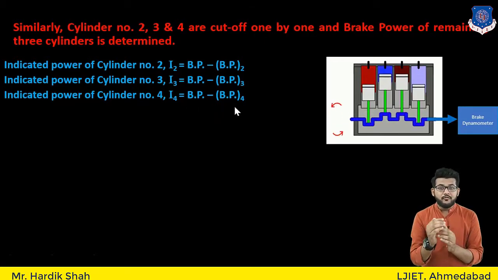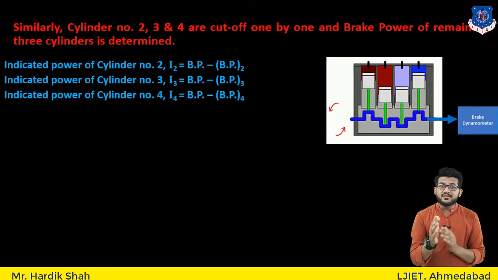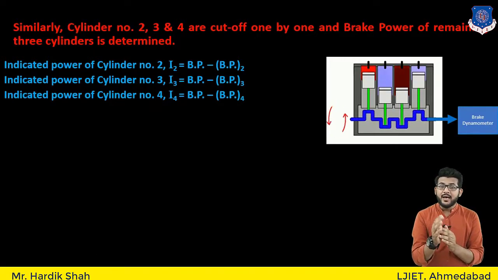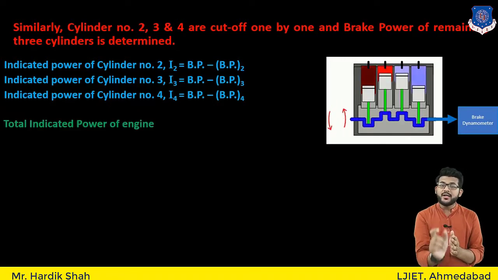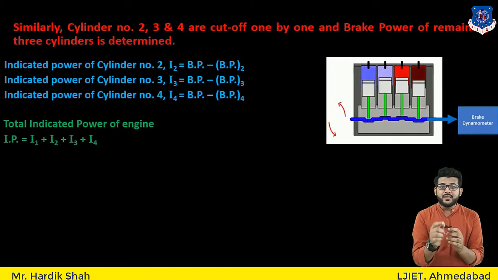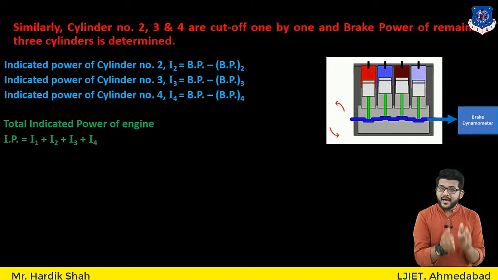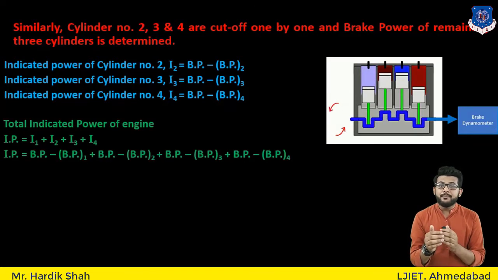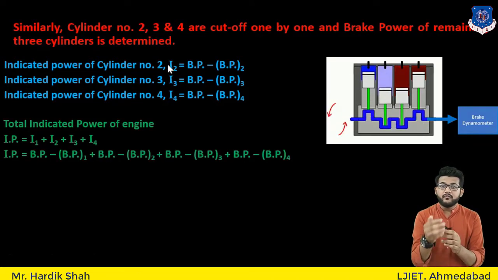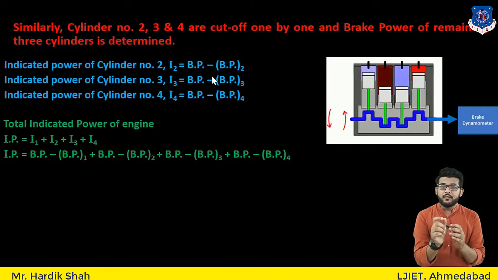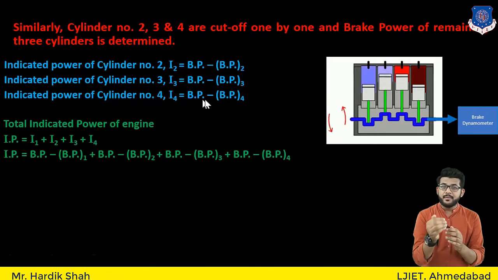So here we have found the indicated power of cylinder 1, cylinder number 2, cylinder number 3 and cylinder number 4. So the total indicated power of the engine, as we know, IP is equal to I1 plus I2 plus I3 plus I4. Okay. And what we can do, we can now put that we will get brake power minus brake power 1, brake power minus brake power 2, thereafter BP3, BP4.